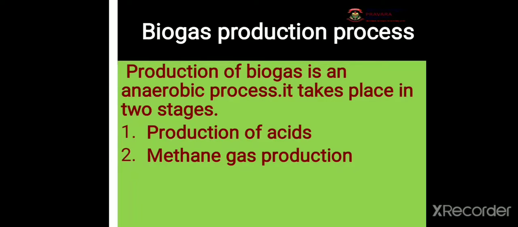The methanogenic bacteria act on the organic acid to produce methane gas. By these two stages, methane gas is produced, which is further used for cooking, and also for the production of electricity.